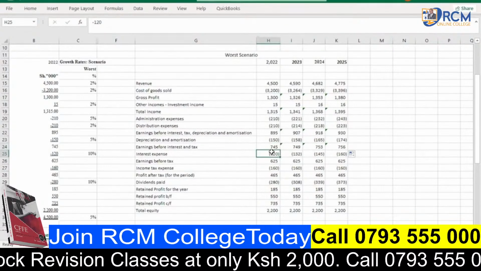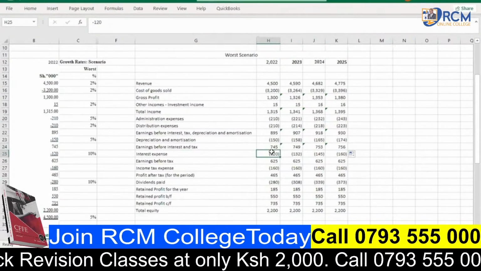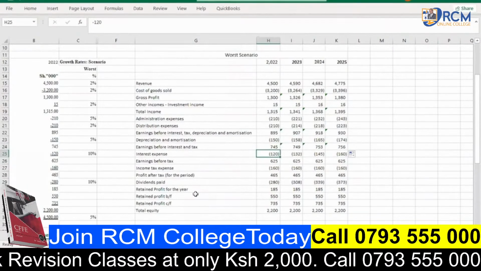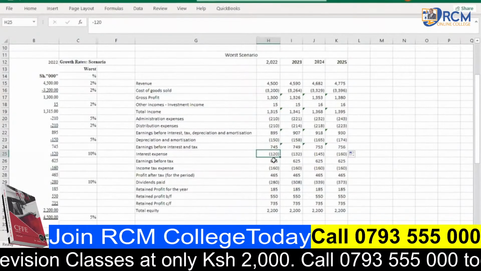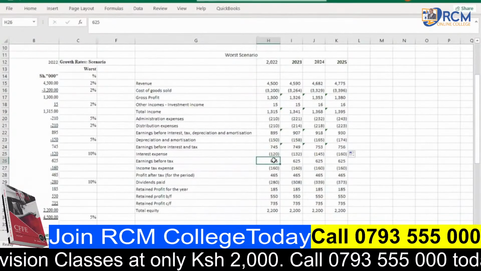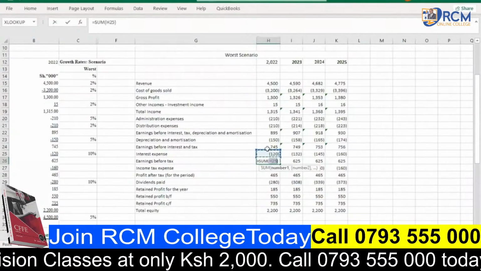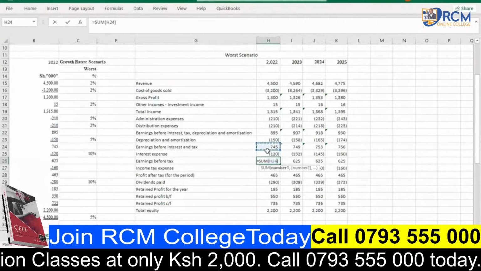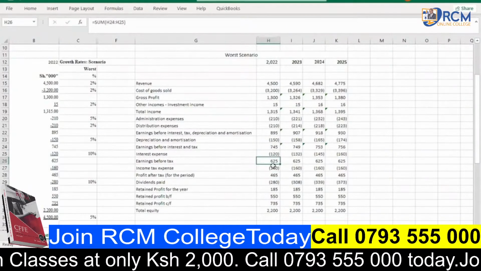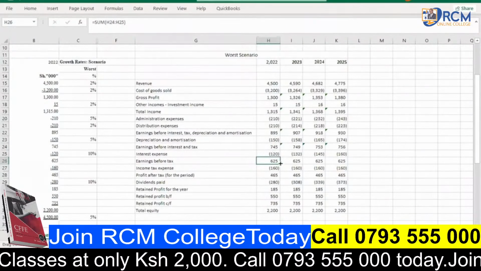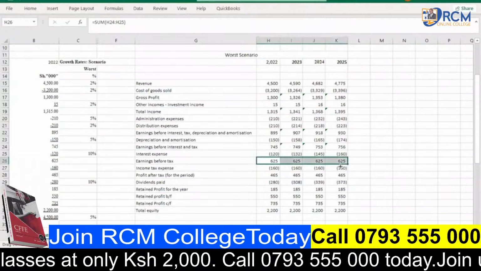Then we now eliminate the interest component, increasing by 10%. Once that is done, we get earnings before taxes. We highlight the two. So that is the earnings before taxes.